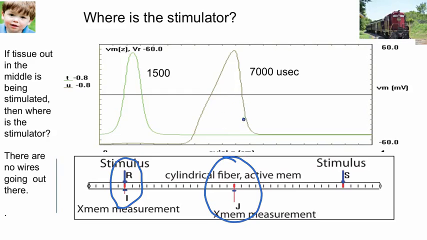So this waveform indicates a stimulus current going to the right. The stimulus for this middle site, right there, came from the currents from the action potentials on the left, which were forcing axial currents into it.